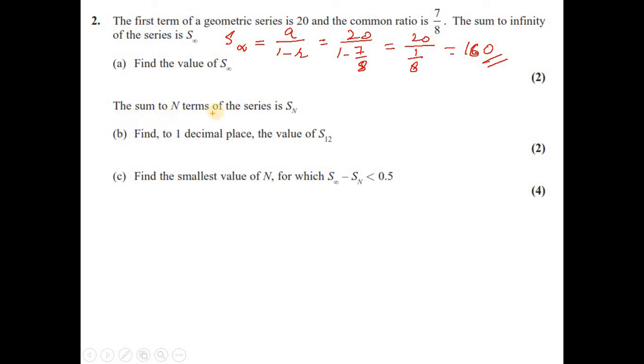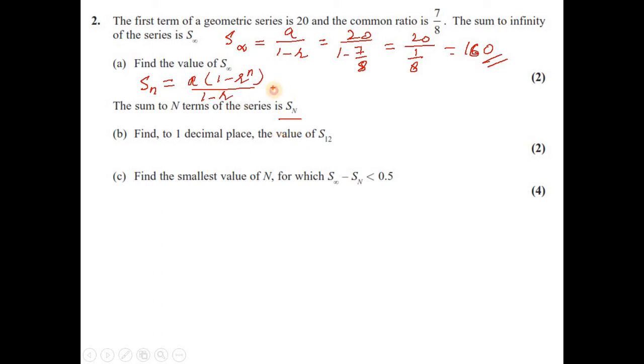The sum of n terms of the series is Sn. Find, to one decimal place, the value of S12. So for a geometric series, the sum of n terms, Sn, is a times (1 minus r to the power n) divided by 1 minus r.